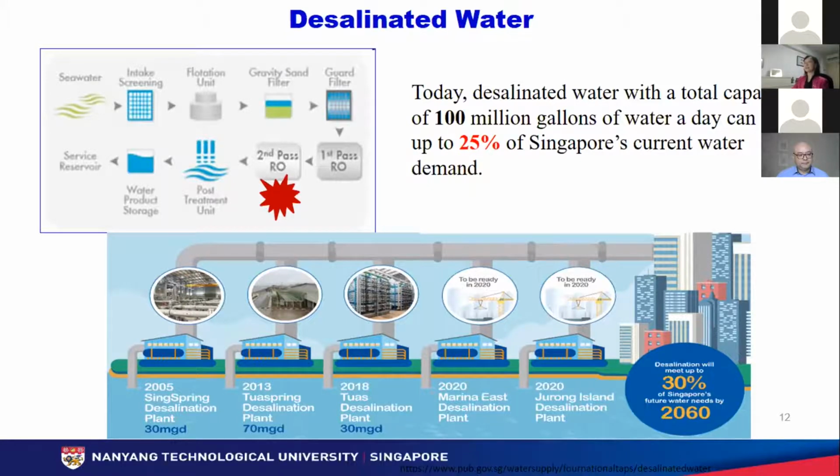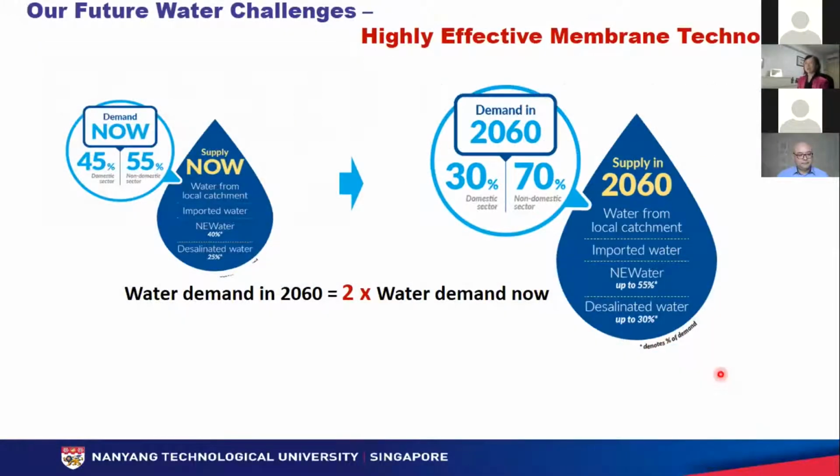From these numbers, you can see membranes are very important for Singapore's water supply, right? We use membranes for NEWater production, that is to handle wastewater. We call it water reclamation. We use membranes for seawater desalination, which also uses reverse osmosis membrane technology.